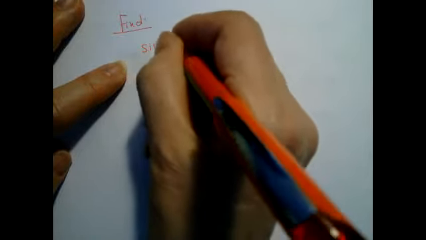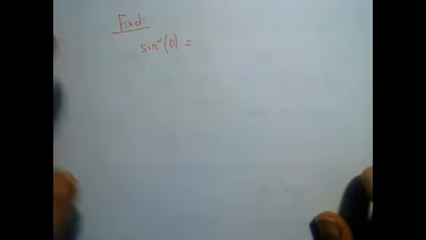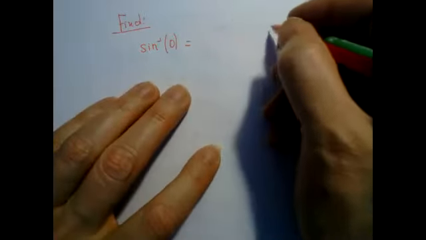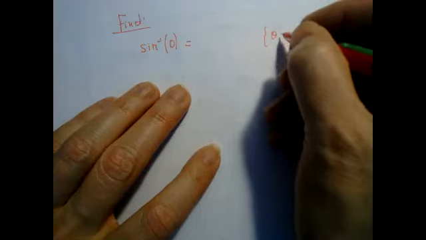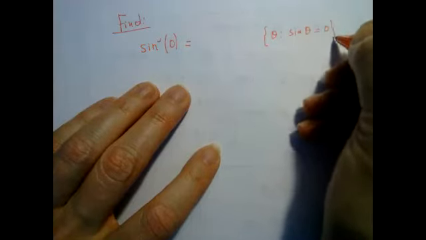So let me do the same problem like I did before. I'm going to give you the sine, and I'm going to ask you to find the following, without a calculator. What's the sine inverse of 0? It means you're after the angle theta whose sine is 0.